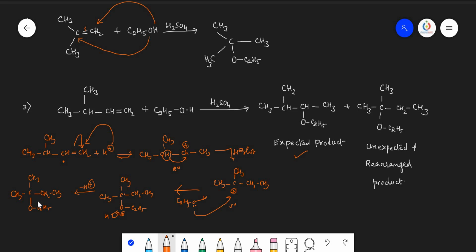I am writing in small letters, so it may not be visible, just try to find out, and this product shall not be formed, only this product will be formed.